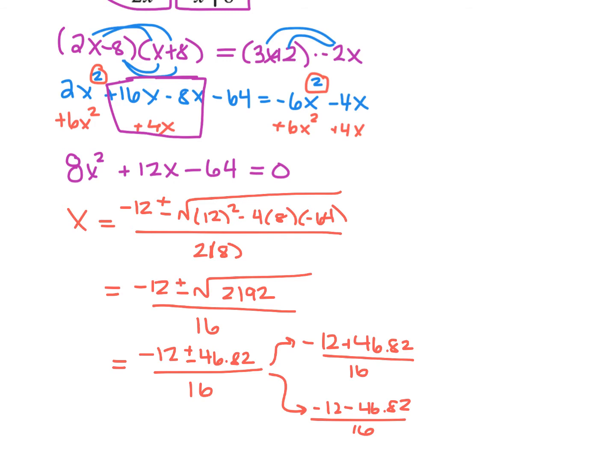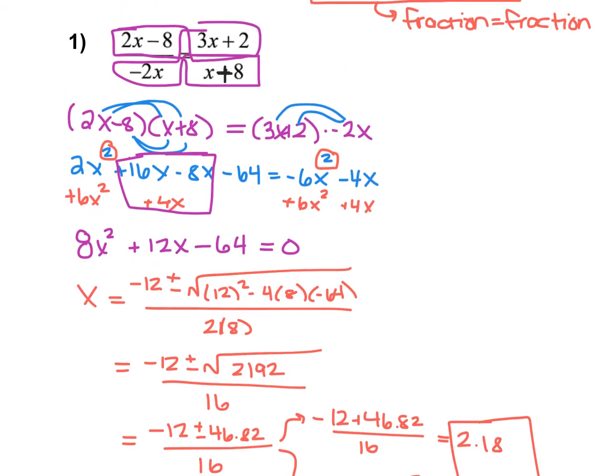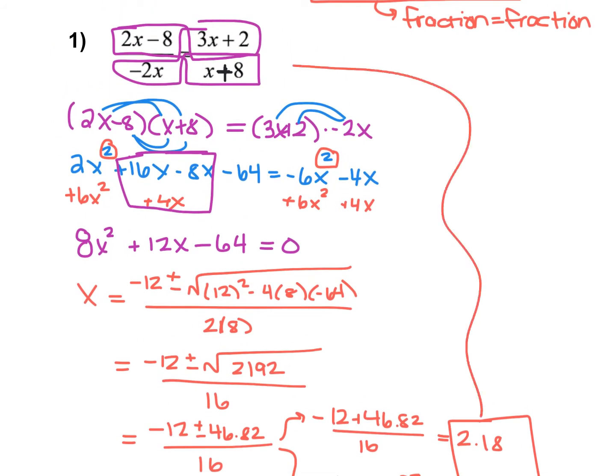If I take both of those, add the numerators and then divide by 16, I end up with one value that is 2.18, and a second value of -3.68. So these are my two possible values for x that, if I plug them back into my original equation, will make that original equation true.